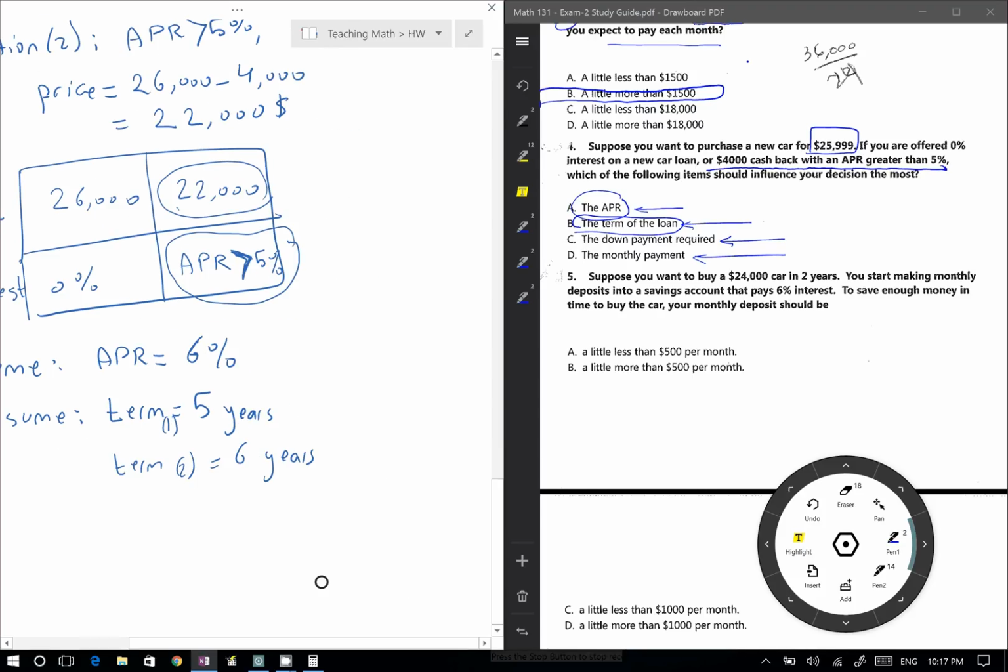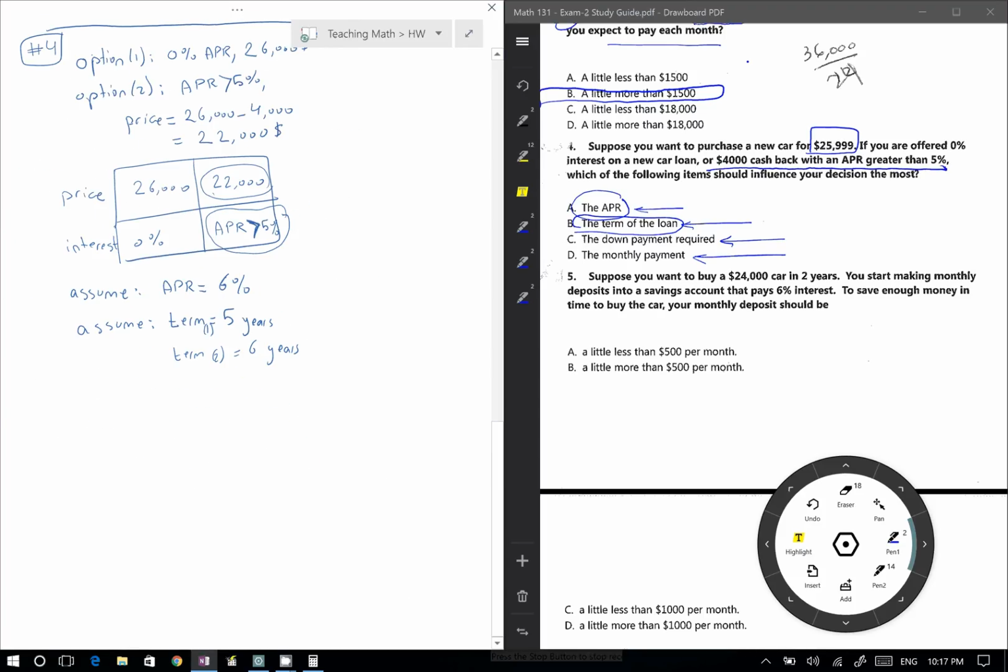At the same time, I assume another APR, call it APR 2, assume it to be 7%, and check my results for term 1 and for term 2, and see, was increasing the APR by 1% worse than increasing the term by 1 year? So I hope that I'm making myself clear.